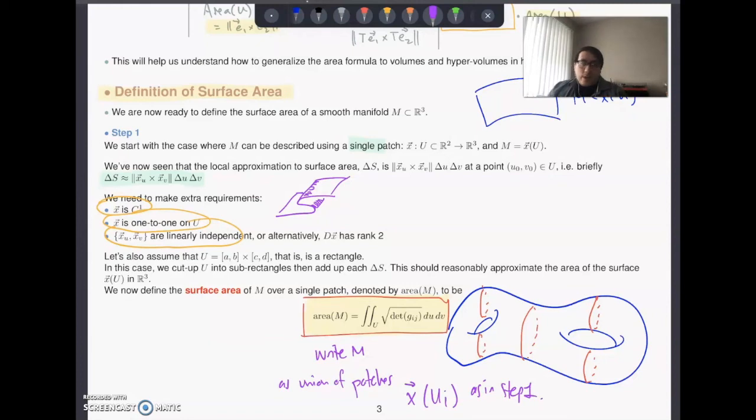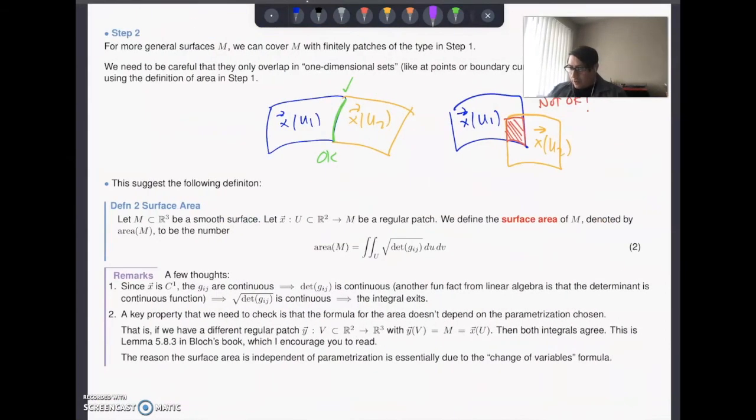All right, so I wrote it in this way, and you can see that these kind of look like little tiny cylinders if I visualize it correctly. And this will be our definition of surface area for just any surface covered by patches that satisfy certain conditions. So what do we want to make sure? Again, the always issue is don't overlap.